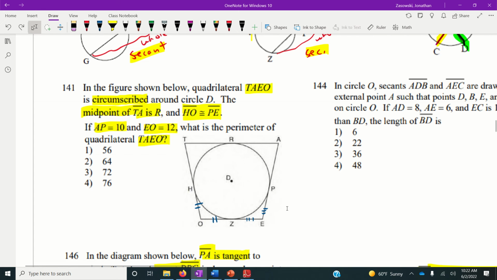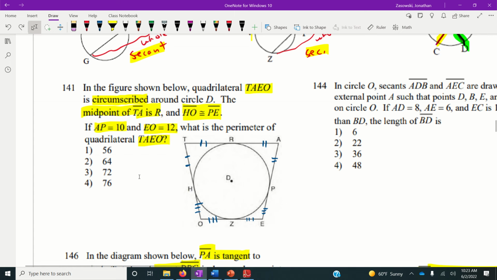Since HO is equal to PE, that is going to force these four lines on the bottom to actually be the same length. And then on the top, we're going to know that AP and AR are equal, and TR and TH are equal. And since R is the midpoint here, and RT and AR are equal, these four lines on the top are the same.